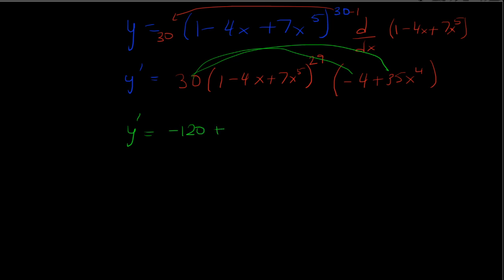And then 30 times 35 is 1050x to the 4th. And we're going to multiply that by the quantity 1 minus 4x plus 7x to the 5th, all raised to the 29th power. And we don't have to simplify this any further.